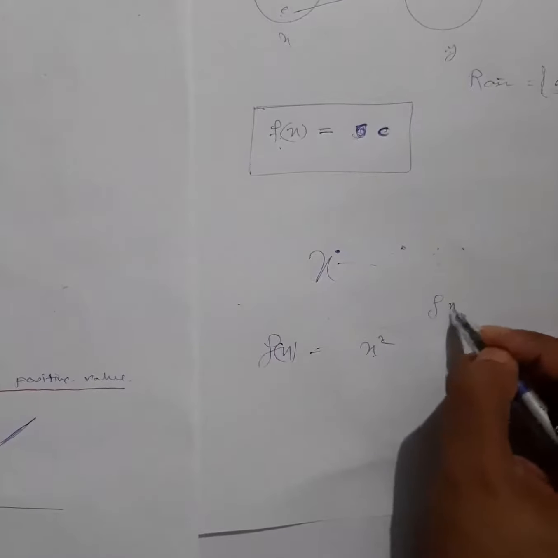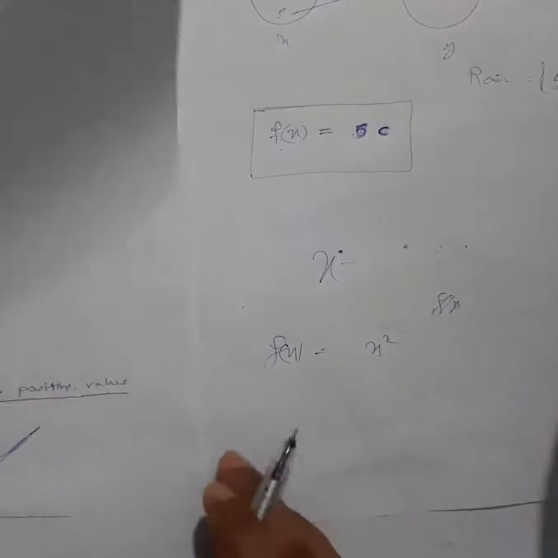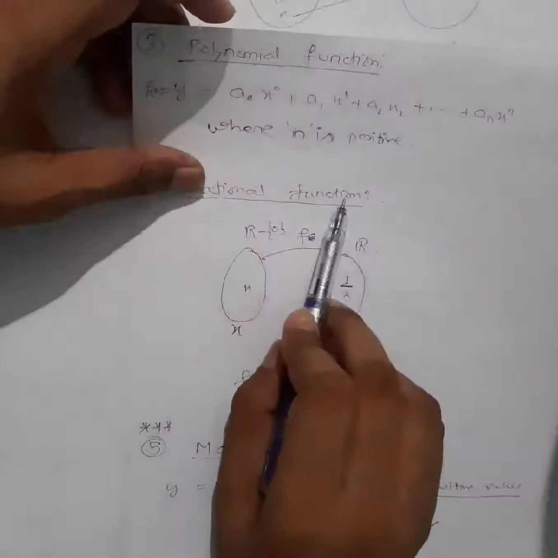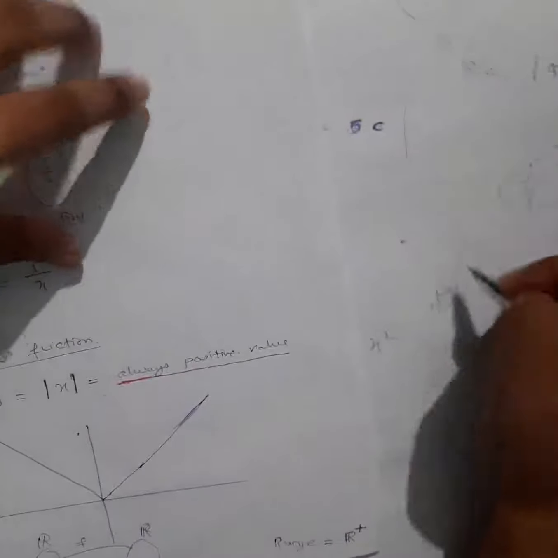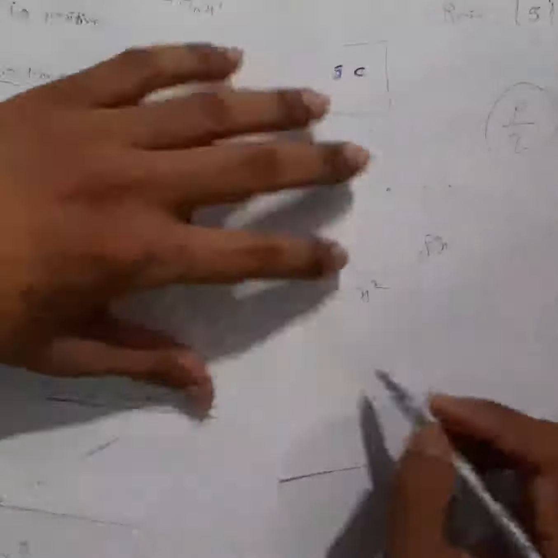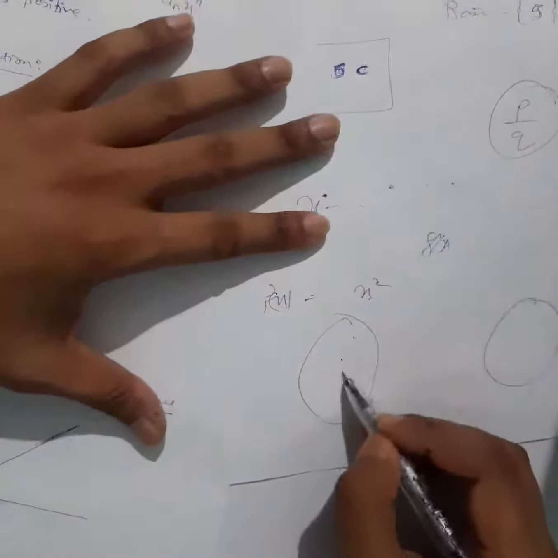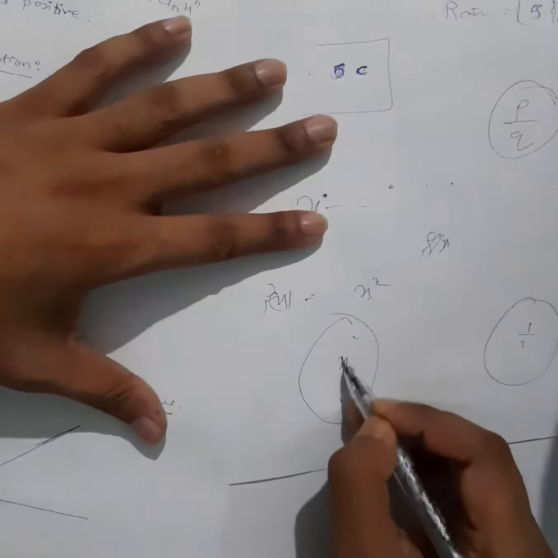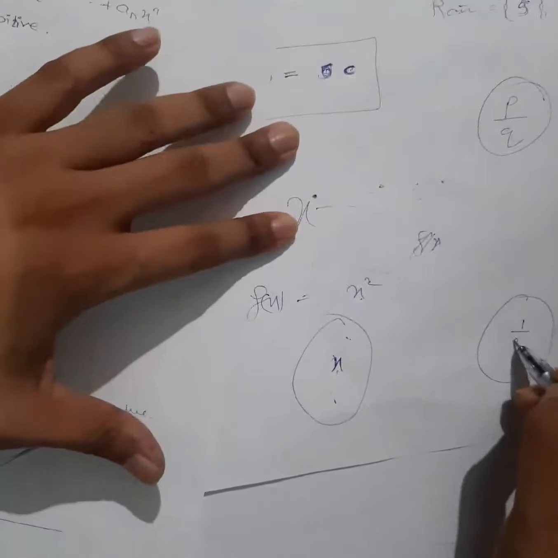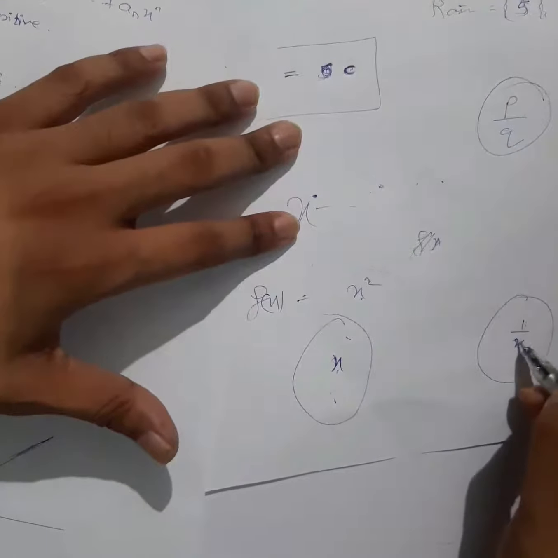What about this one? Let me discuss another type of function first, then we will discuss this. Next is the rational function. By the word only you can understand. Rational means what? P by Q form, right? So the function in which, whatever x you take, the y is in rational form. Suppose this is x and your image is 1 by x, P by Q form.